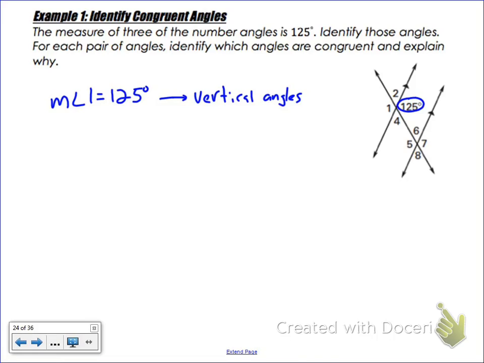My next angle pair I could talk about would be angle 5 down here. So the measure of angle 5 will also be 125 degrees. And again, I want to know why. What's the relationship between angle 5 and my original angle? These two angles are going to be alternate interior angles.